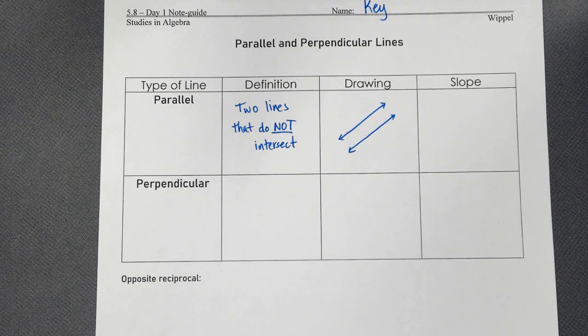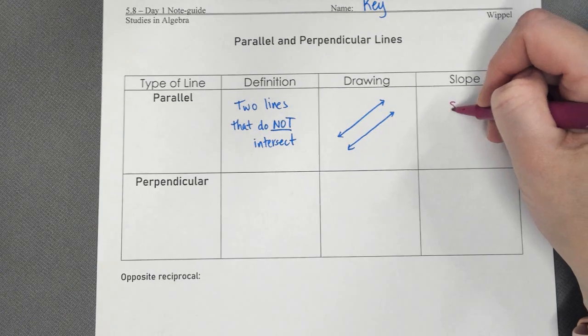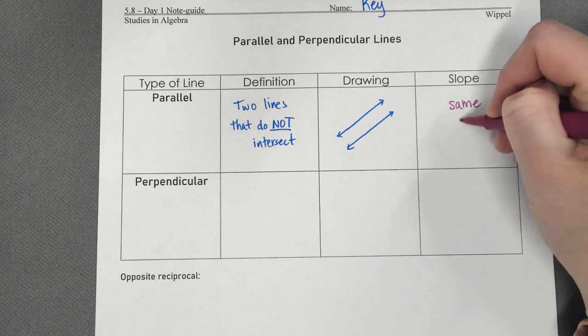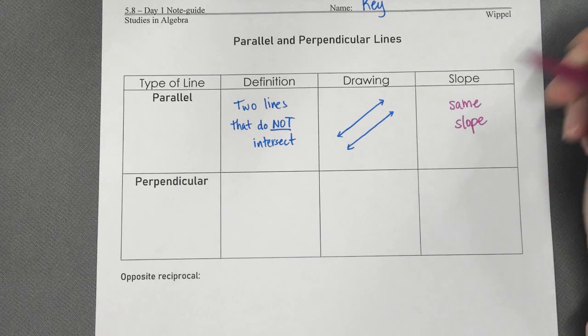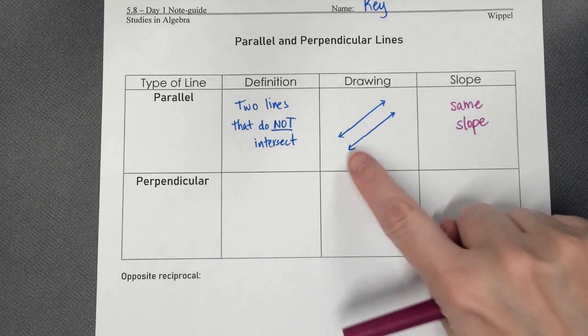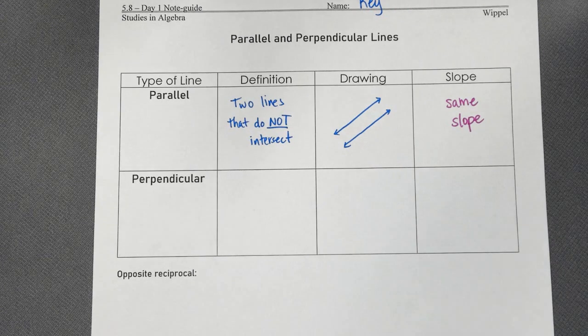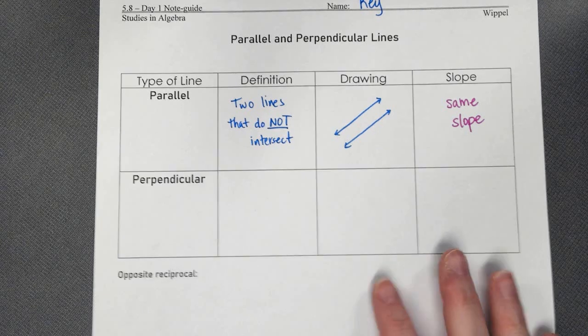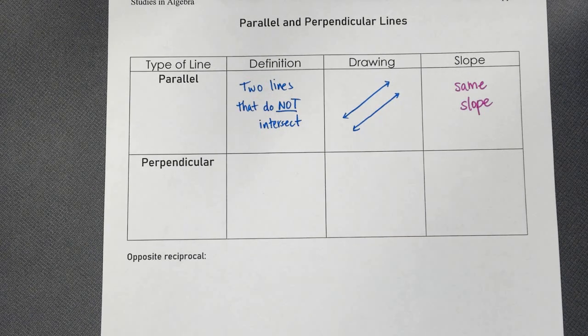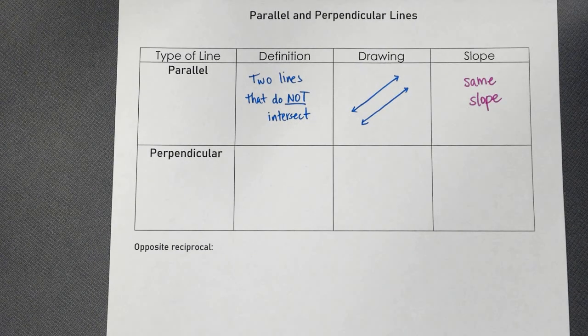And the reason why they don't intersect each other is because they have the same slope. Okay, so they're never going to cross each other because they have the same exact slope. Remember, the slope just tells you how steep a line is. Okay, so they have the same one.